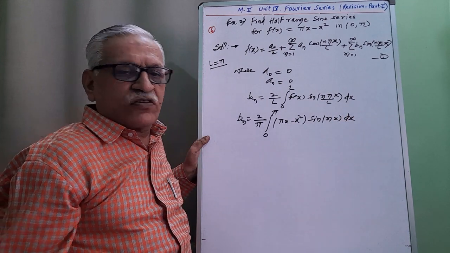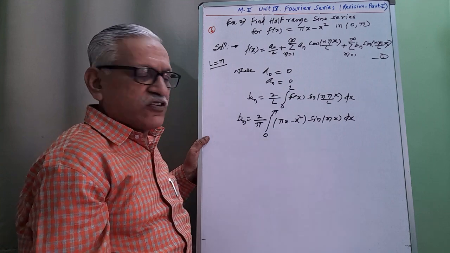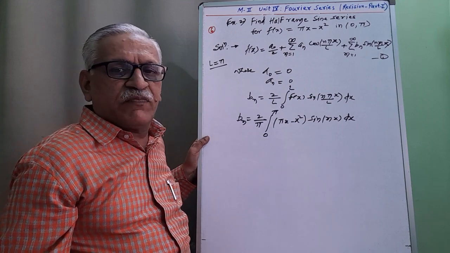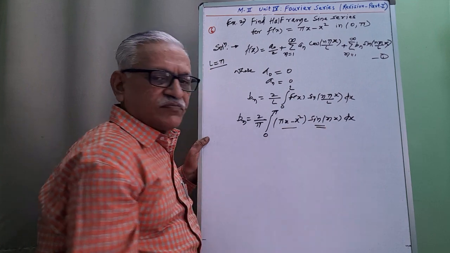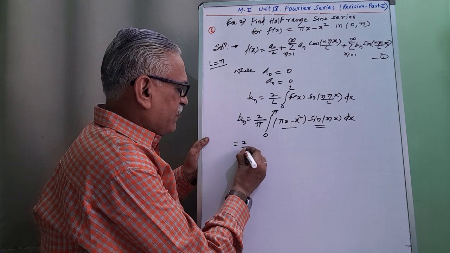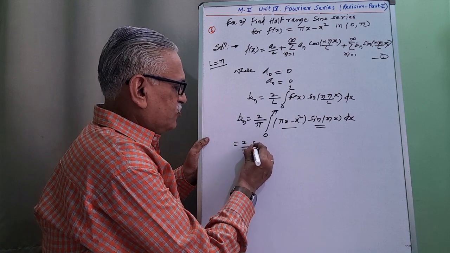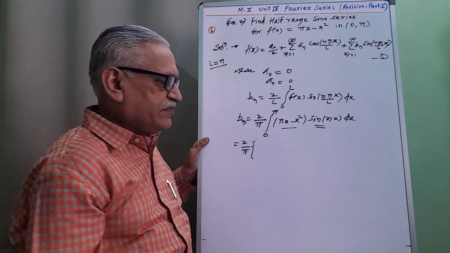Again, here it is a product of two terms of x. First one is algebraic, second one is trigonometric. Therefore, integrating it by generalized part. This is first and this is second. And therefore, be very careful while performing the integration. Don't make any mistake, especially in sign.